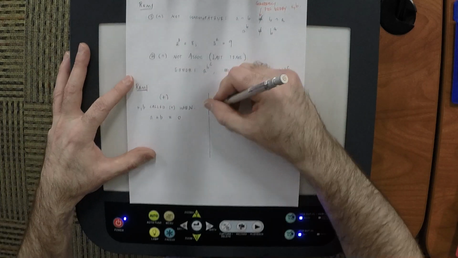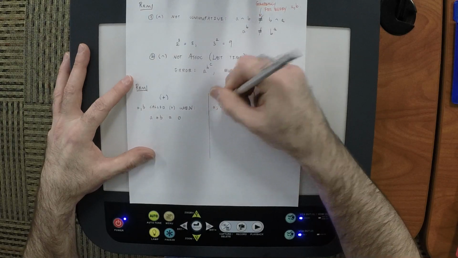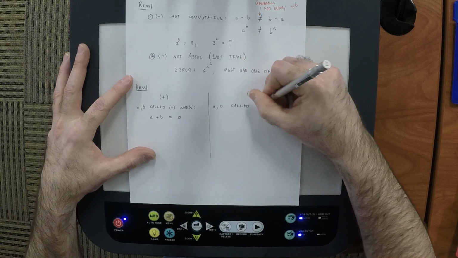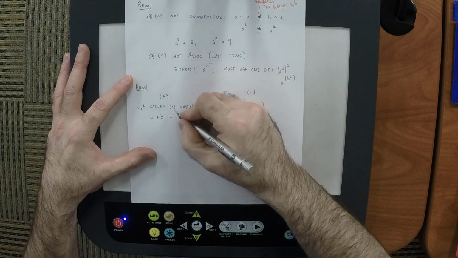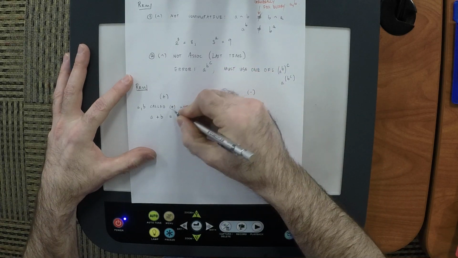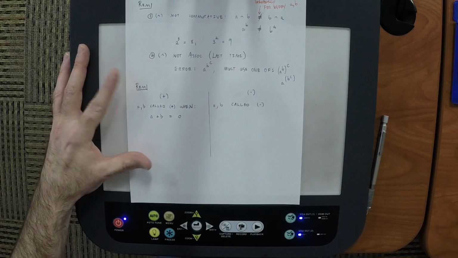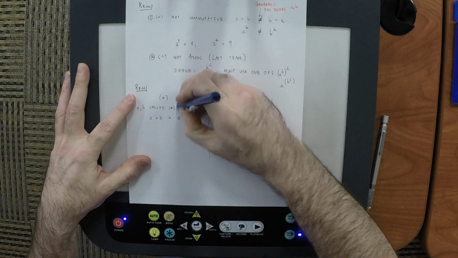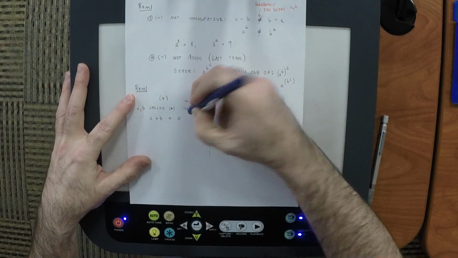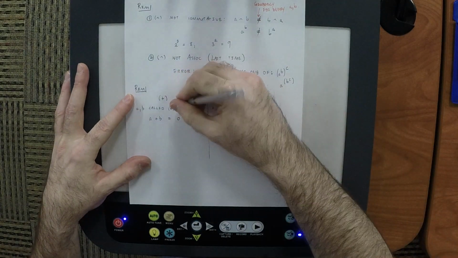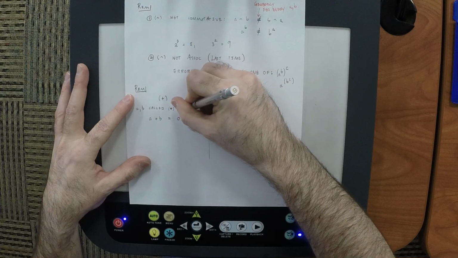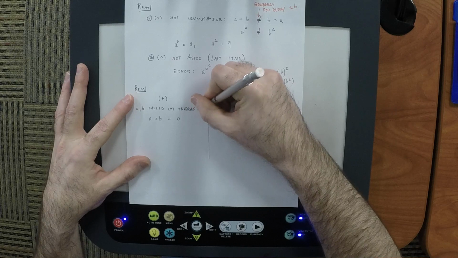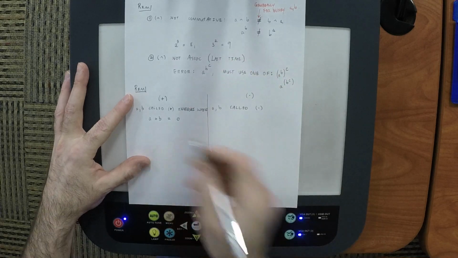All right? So then over here, in this column, I could say A and B are called multiplicative. That should say not that. This should say A and B are called additive inverses when that.